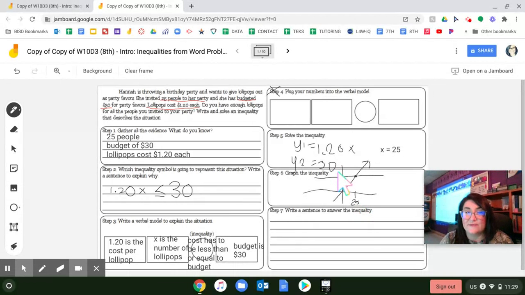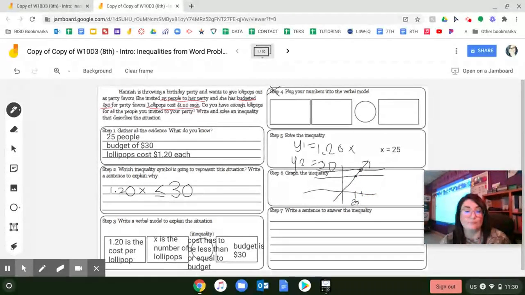One thing we talked about in class was, what if your budget was higher? If your budget was $40, you would be able to buy more lollipops. You would be able to move down the x-axis and get maybe 30 lollipops, maybe a little bit more. I haven't done the calculations here. But see how that works? You could buy anything less than 25 lollipops or up to 25 lollipops.